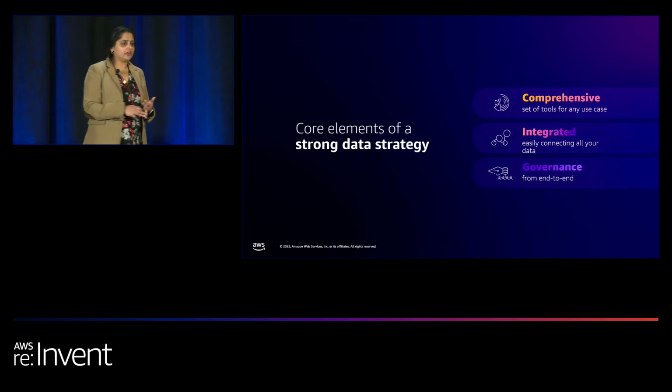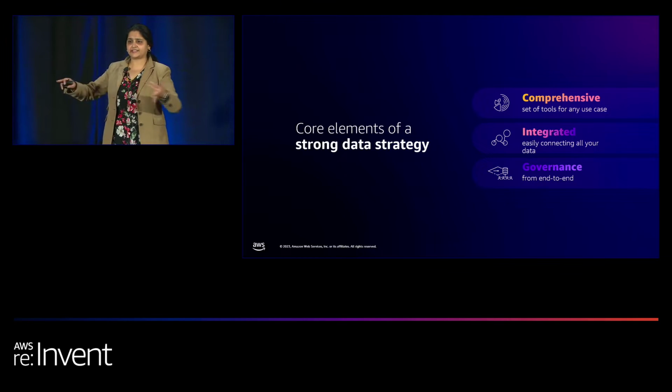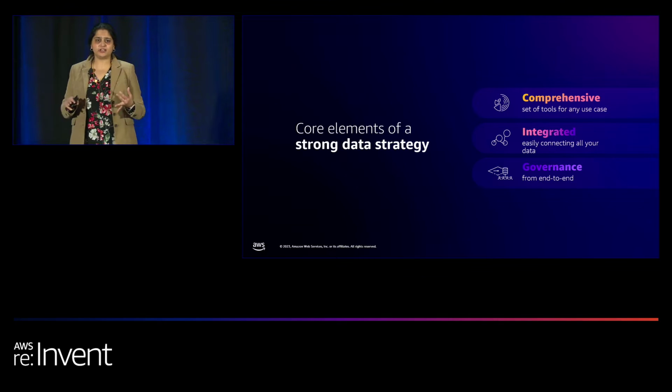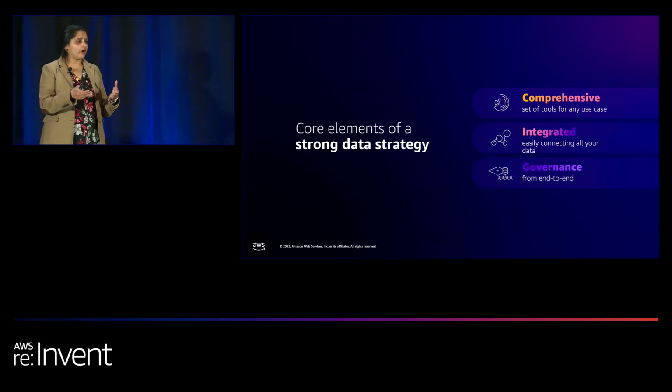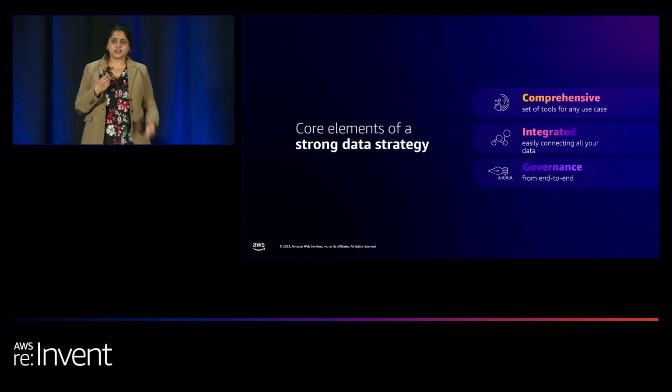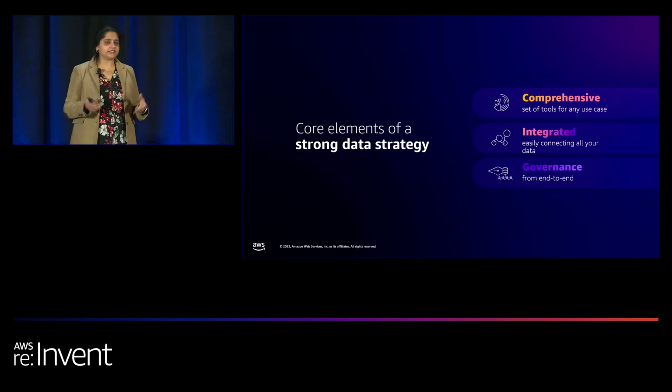Second one is integrated, all the connectivity options, all the protocols, so you can access those data sets no matter where they are, how they're interfaced. You want accessibility to those data sets. And third is governance, especially if you're part of your organization's Cloud Center of Excellence. You want to make sure best practices, guidelines, and governance policies can be implemented end-to-end.